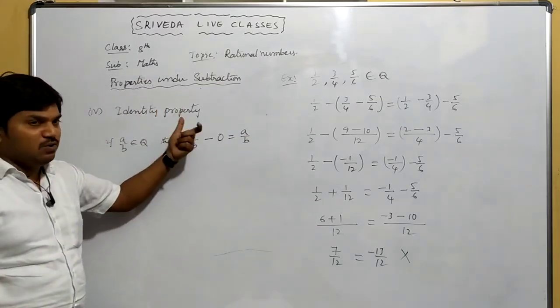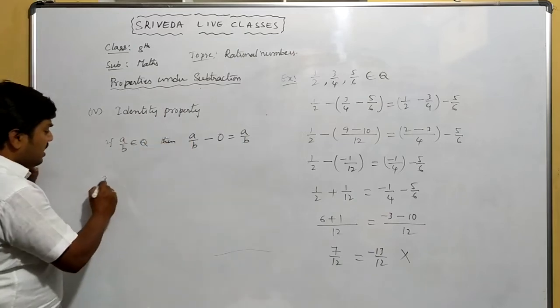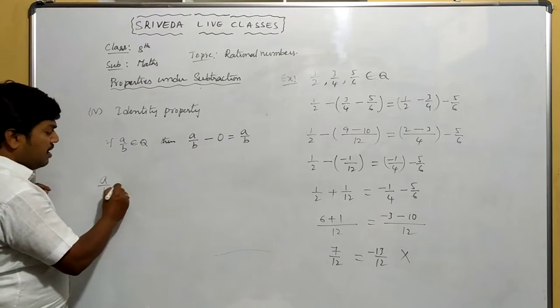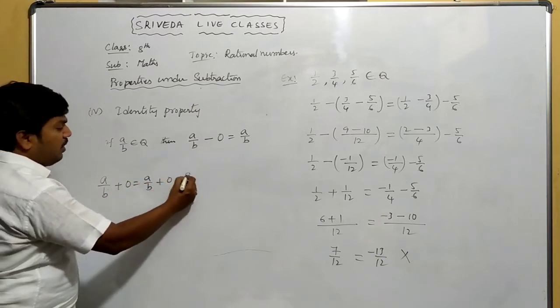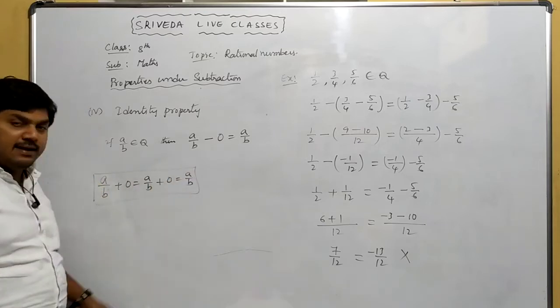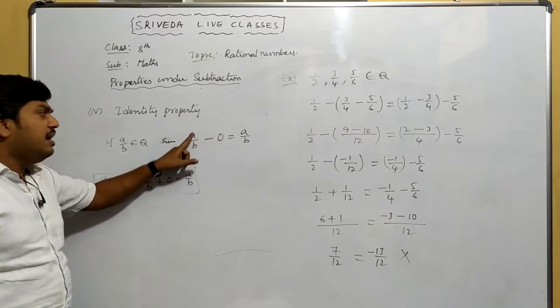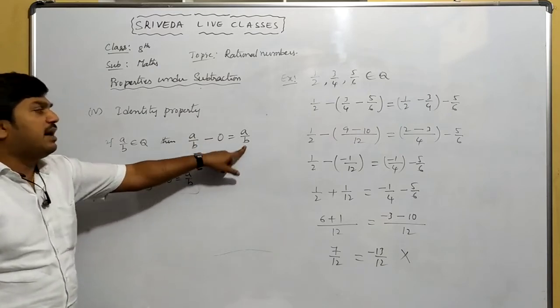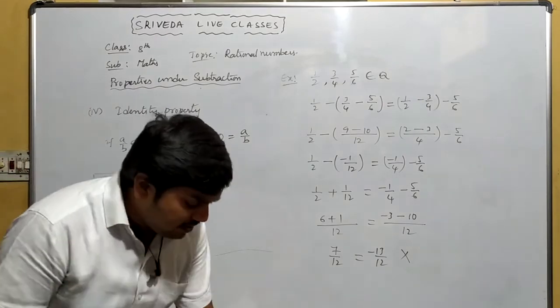Additive identity is 0, no? So identity property under addition is A by B plus 0 equal to A by B. It is called identity property under addition. Under subtraction, A by B minus 0 equal to A by B.